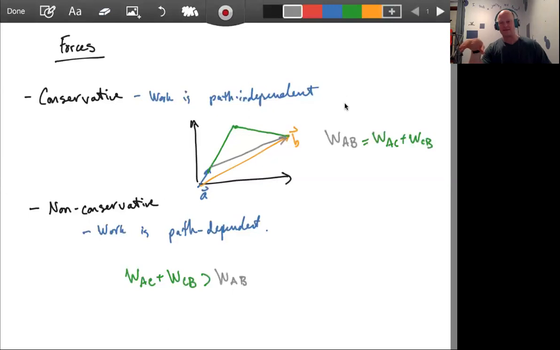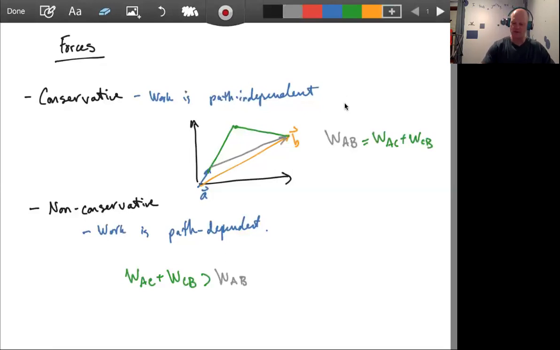If I was sliding an eraser across the table, instead of going directly from A to B along the gray path, if I go from A to B along the green path here, you're losing that energy due to friction. The friction is heating up the material, which is getting hotter. And as it gets hotter, it has to release that energy out to the universe in the form of what we call thermal energy.